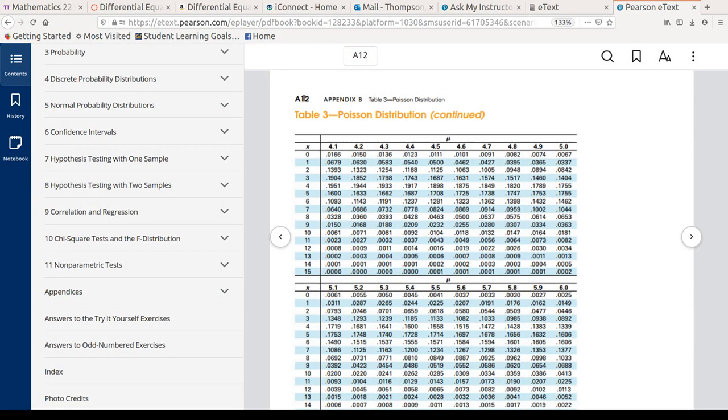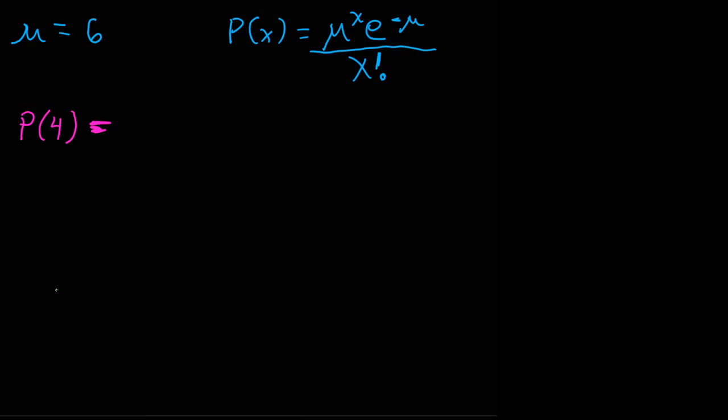So we have Appendix B, Table 3, the Poisson distribution. I try to find my mean, which is here at 6, and I come down to 4, which is 0.1339. I'll come back here, and I can just write in this value, 0.1339. And that answers part A.